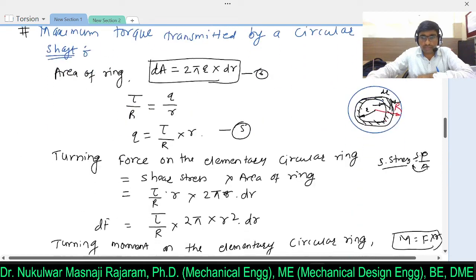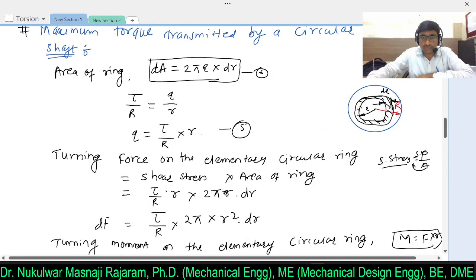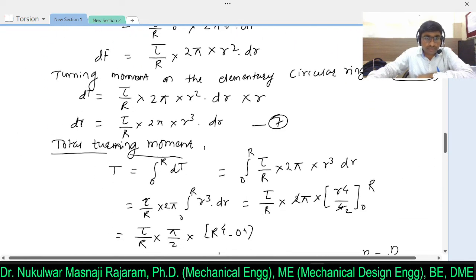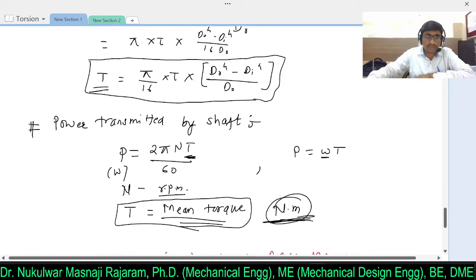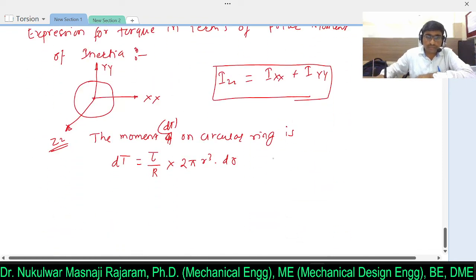If you observe while deriving for the solid shaft, from equation 7, dT is tau by r into 2 pi r cube dr. Clear? So this is from equation number 7, the moment on a circular ring.